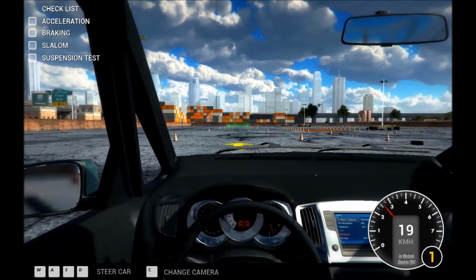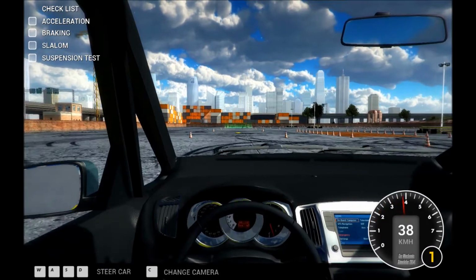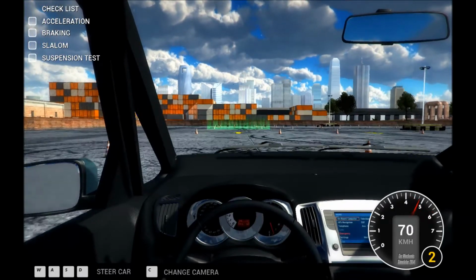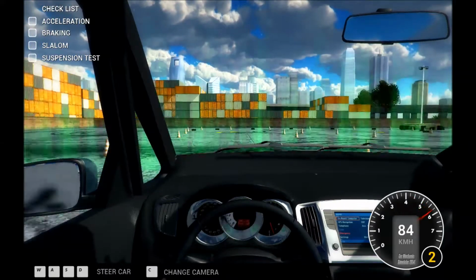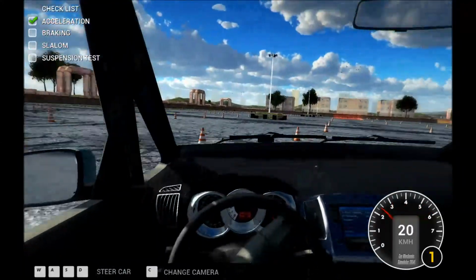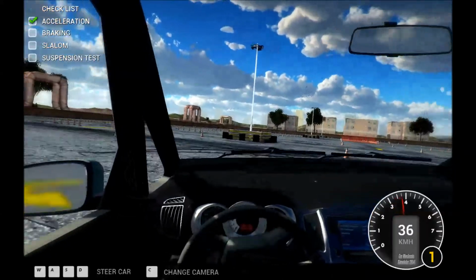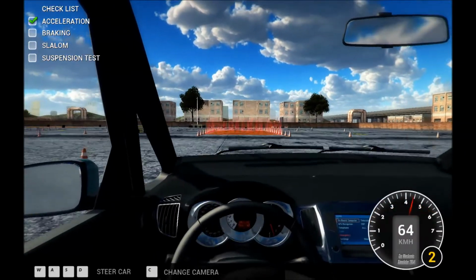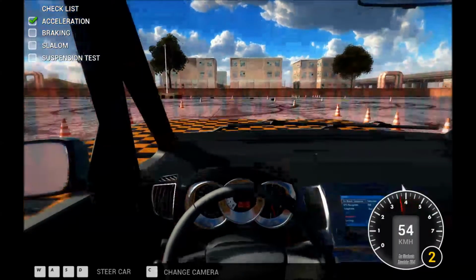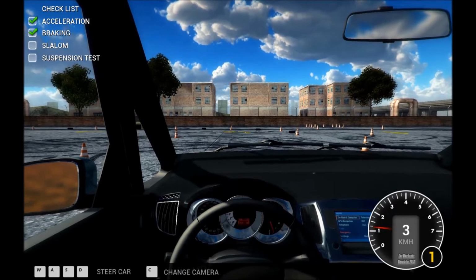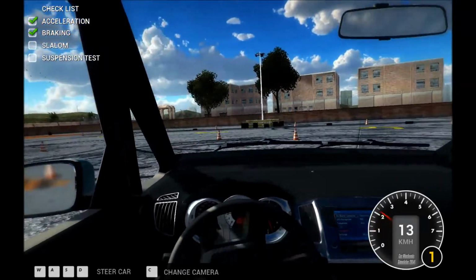All right, accelerating. Sounds a little bit gutless, but you know, it's a van, I guess. Yes, cone collection. Nah, not bad. Braking complete. Next it's time for the slalom.